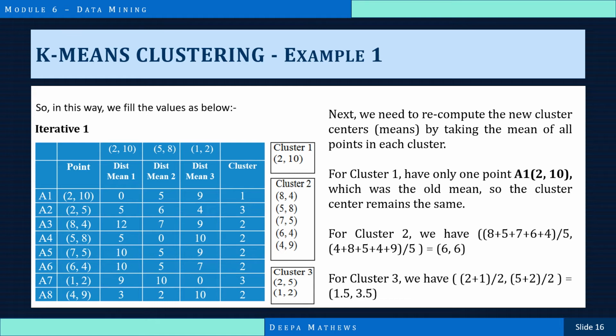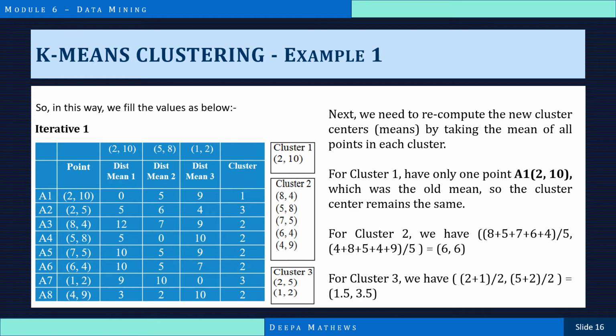Next we need to recompute the new cluster centers, or the mean values, by taking the mean of all the points in each cluster. In cluster 1, we have only 1 point, so the mean remains the same. But in cluster 2, first we need to take all the x values: 8 plus 5 plus 7 plus 6 plus 4 divided by 5, since there are 5 points.